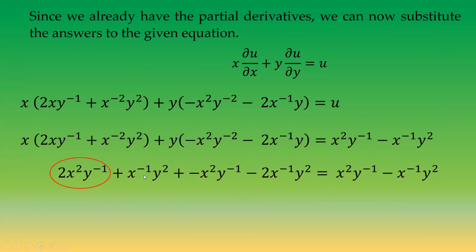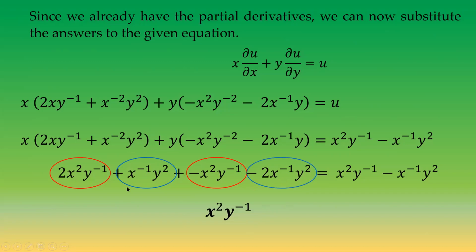Ito at ito ay similar. Yung dalawa na yan, pwede mo silang i-combine. Kaya 2 plus negative 1, we have positive 1 x squared y raised to negative 1. Ito namang x raised to negative 1 y squared ay similar naman dito sa negative 2 x raised to negative 1 y squared.